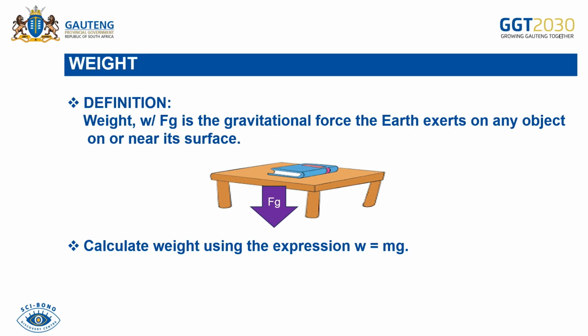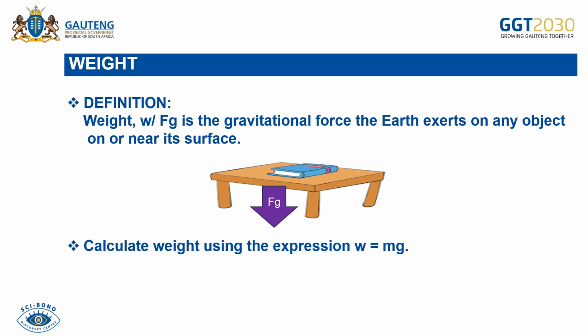Right. Now let's talk about weight. Weight is another kind of force. Remember, weight or gravitational force falls under non-contact forces. The definition of weight: it is the gravitational force the earth exerts on any object on or near its surface.